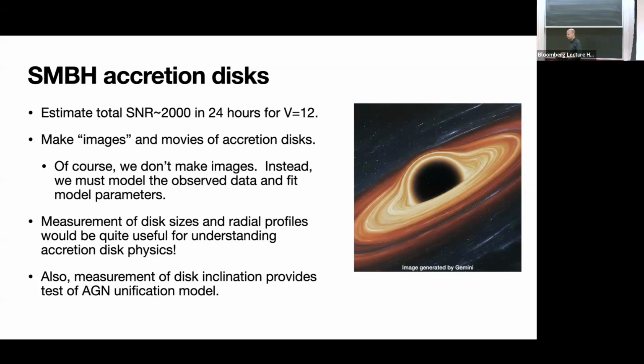It turns out that from microlensing, there's a lot of controversy about the sizes and radial profiles of AGN accretion disks. Here, we'll just image it basically, to get the actual structure directly, without needing any kind of model. You can also imagine testing the AGN unification model, because people argue that type 1 AGN and type 2 AGN are systematically different inclinations. You can just check that directly.